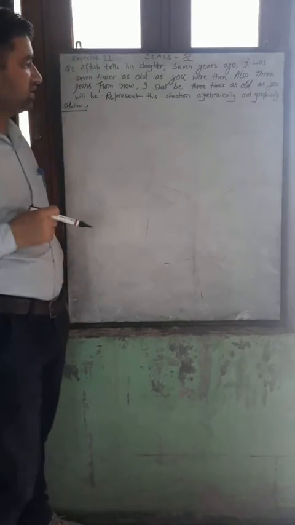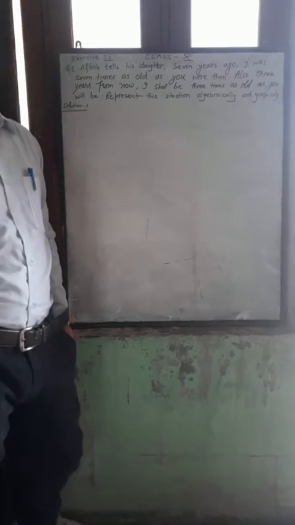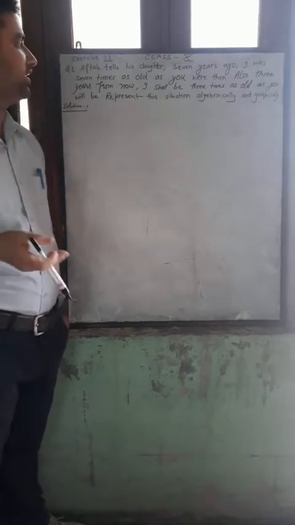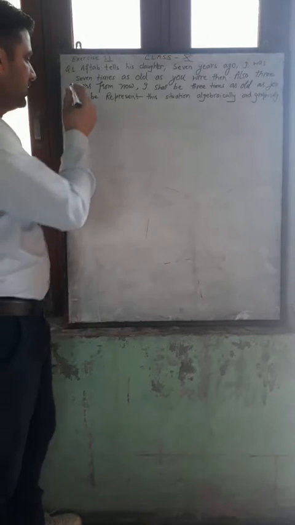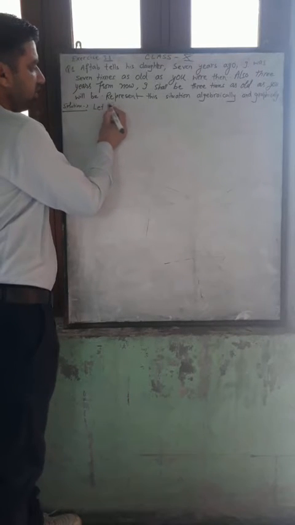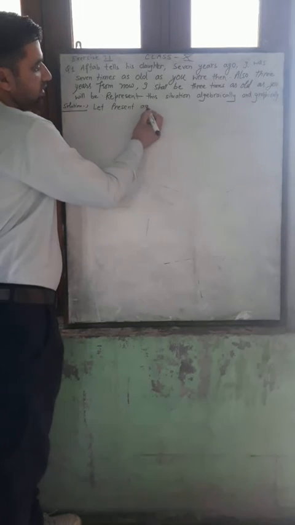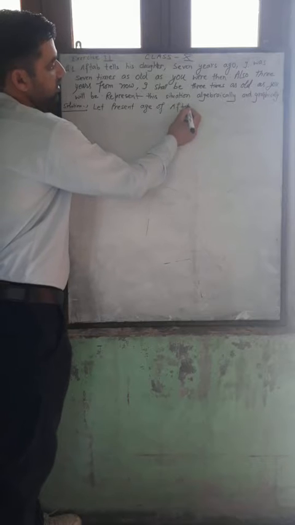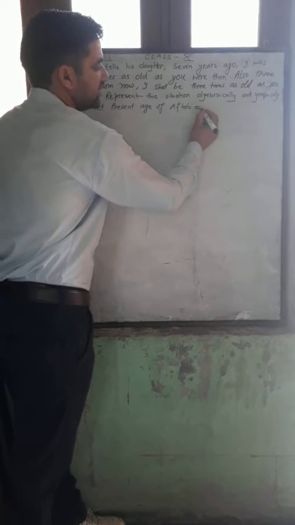Okay, so in this type of question, first we let the present age of Aftab and the present age of his daughter. So let the present age of Aftab be x years.